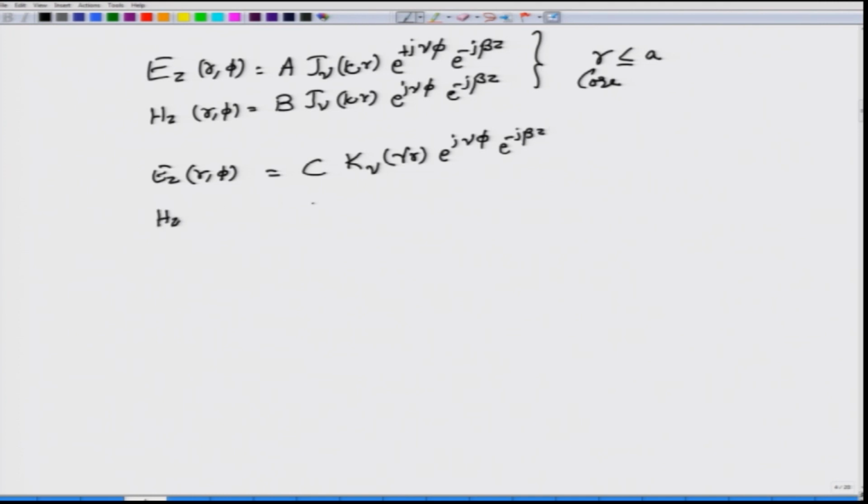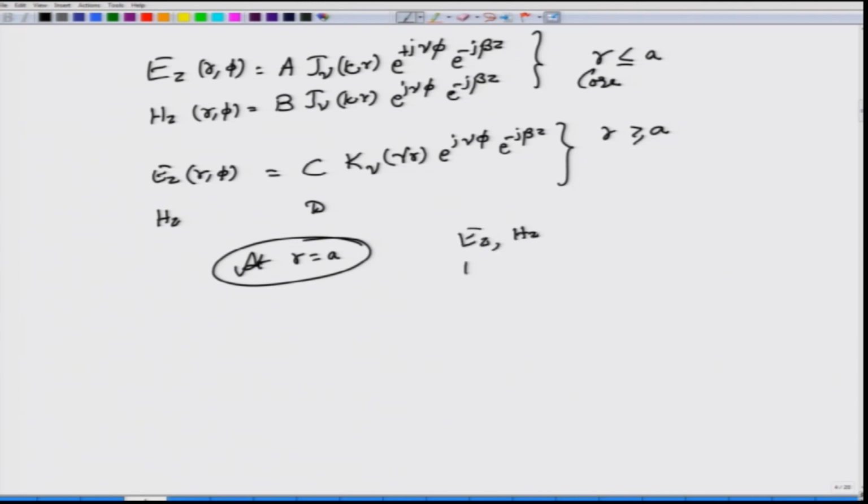For Hz, the solution will be the same equation, except that instead of C the constant will be D. This is valid for r greater than or equal to a. At r equal to a, you need to match Ez, Hz, E phi and H phi.